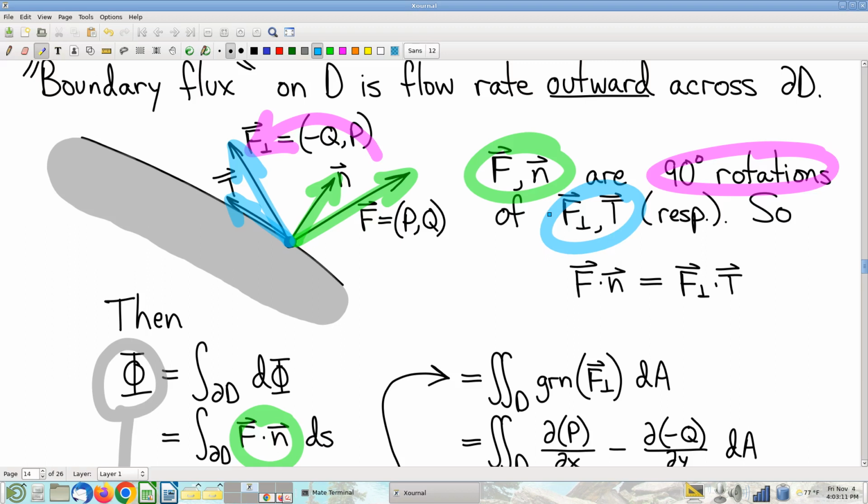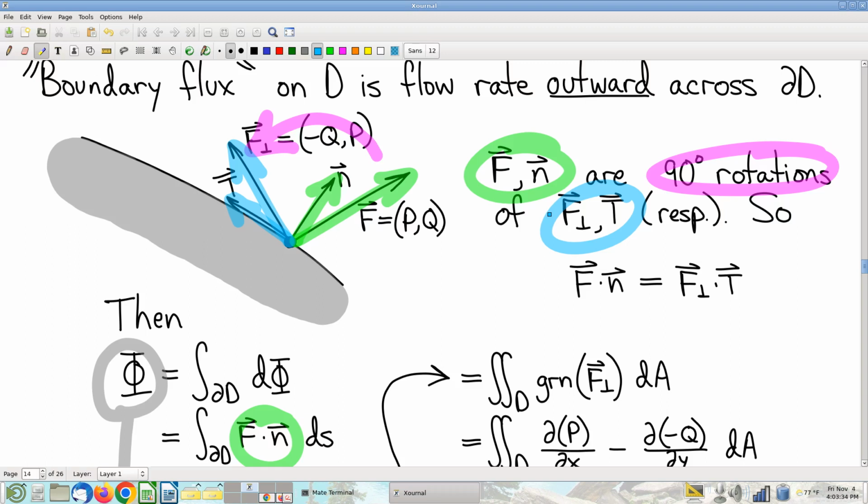And furthermore, outward will rotate into the direction such that the region's on your left. So N literally rotates into T, our good old familiar unit tangent vector. Okay, that's nice.